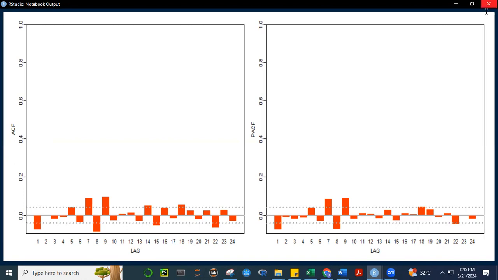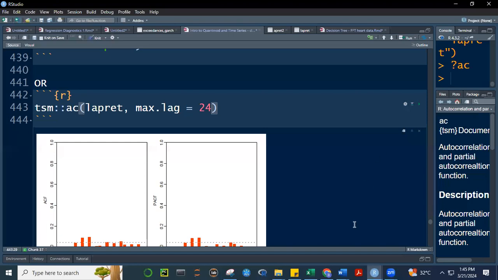Remember class, beginning with the end in mind, what we're trying to do here is we would want to determine kung anong model natin for our log AP-RET object. Okay, yung log returns ni Apple. Okay, ano kaya magandang model dyan?